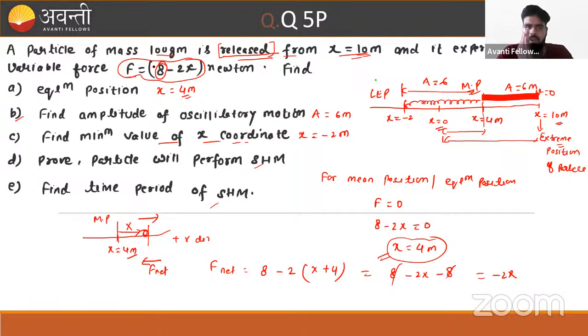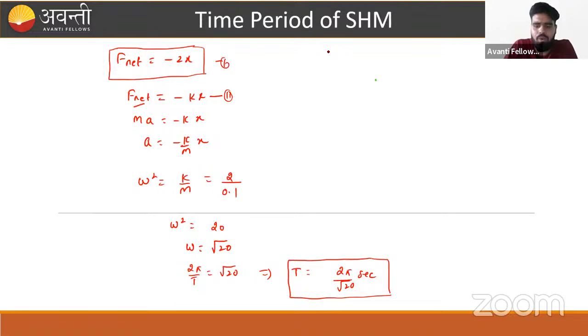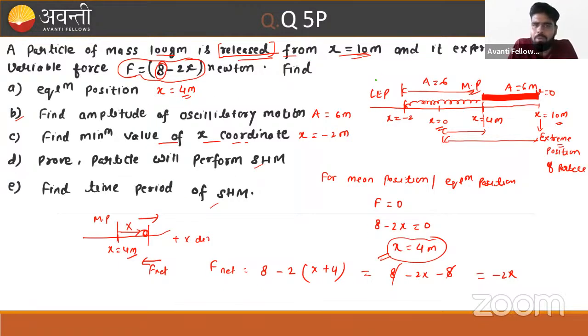Because even if this 8 is not given and only the force equation minus 2x is given, we will again get the same answer. So the important conclusion is that a constant force does not affect the time period of the SHM, because in this particular problem 8 is constant.